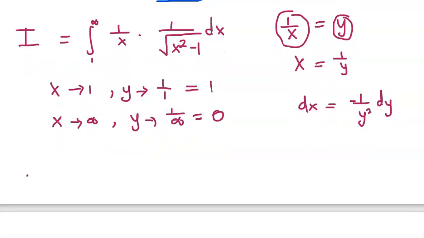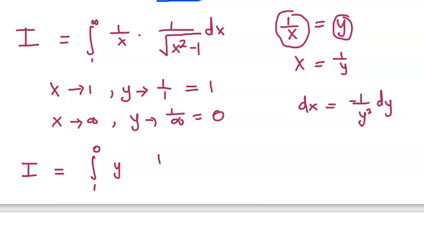So our integral I is now equal to the integral, this time around we have a new variable, that is y. So y is going from 1 to 0, right? Then we have 1 over x is already y.